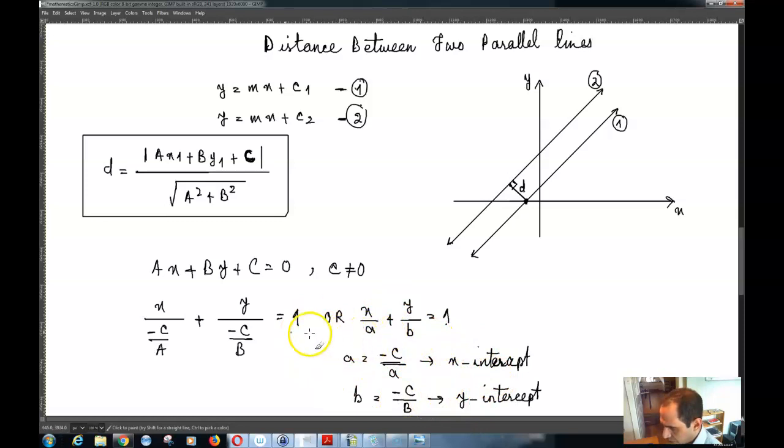So what that means is that your x-intercept is negative c by a.